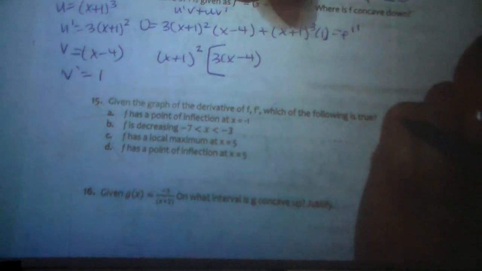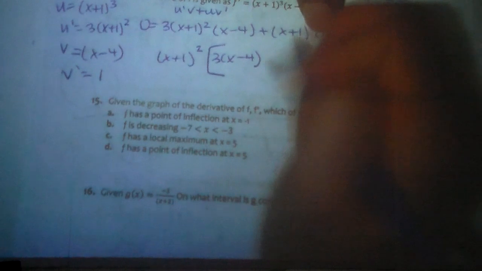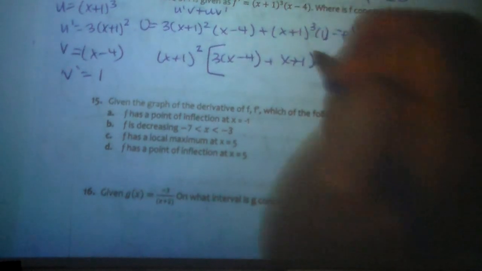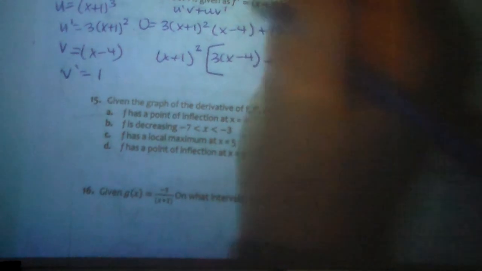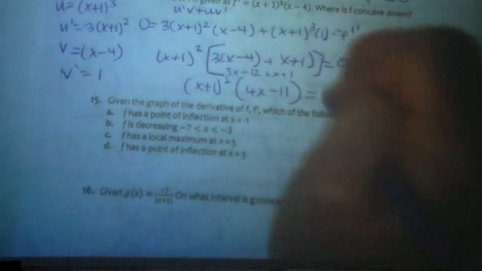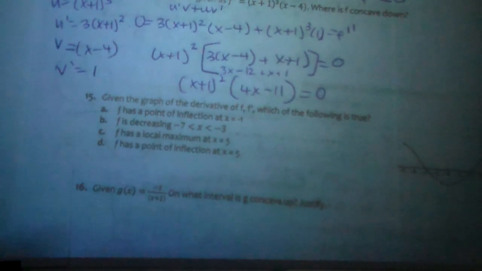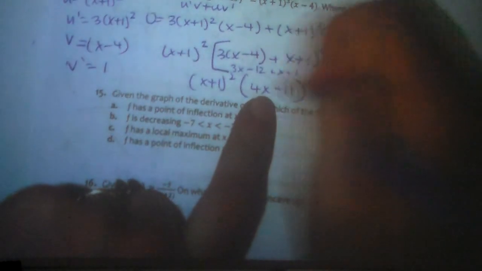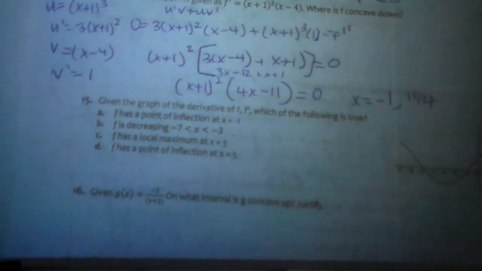When I pull out the x plus 1 squared from the other, I'm left with one power of x plus 1 times 1, doesn't really matter. Distribute that, that's 3x minus 12 plus x plus 1, which is 4x minus 11. And then this is still there. So I've got two factors. I've got x equals -1 and, adding 11 and dividing by 4, 11/4.